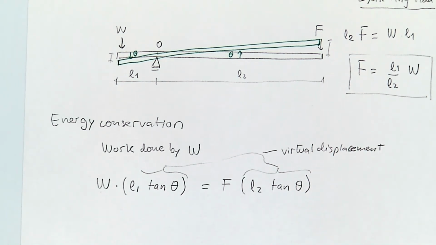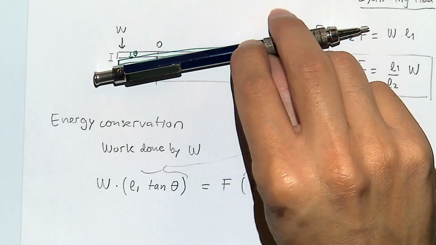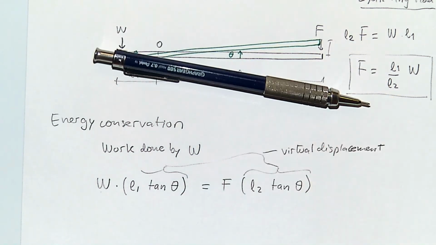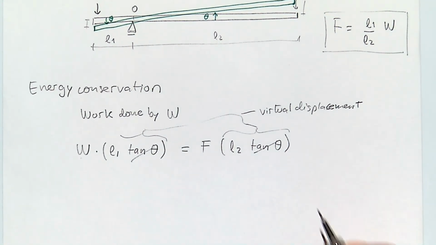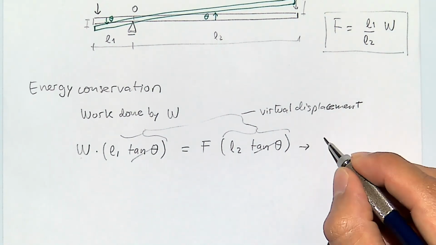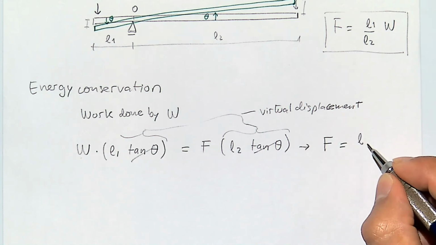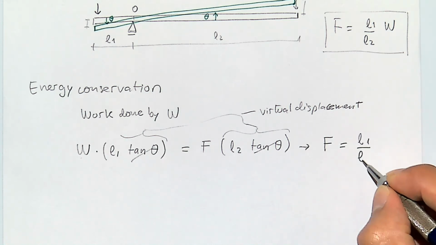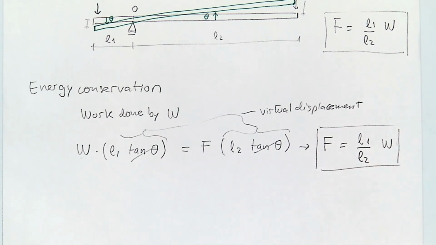But it's something which is called kinematically admissible. I could have done it this way, but I could have done it that way, and it would be the same. All right. So the tangent is on both sides. So from here, I get that F again is going to be L1 divided by L2 times W. It's the same solution.